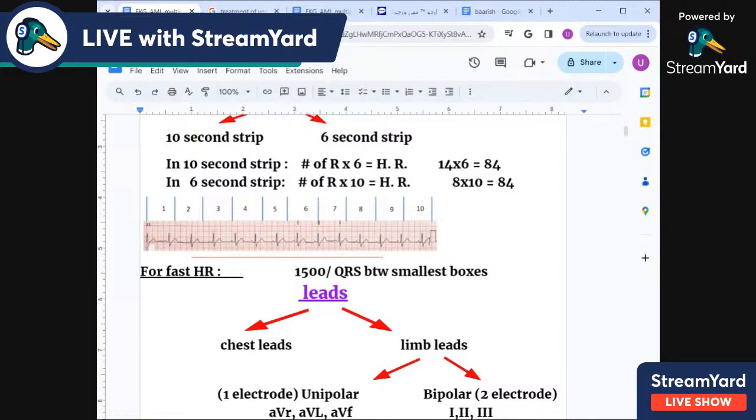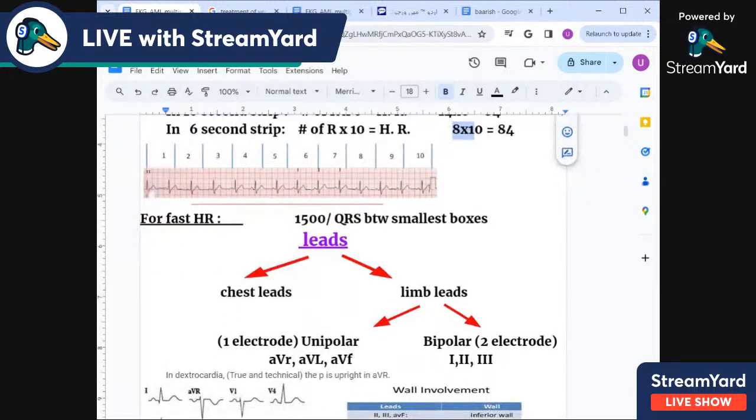So if in the 10-second strip there are 14 QRS, multiplied by 6 gives a heart rate of 84, and in a 6-second strip, which is multiplied by 10, where we have almost 8 QRS, the rate is also almost 84. But if the rate is very fast, then 1500 is divided by the number of smallest boxes in between the R's.